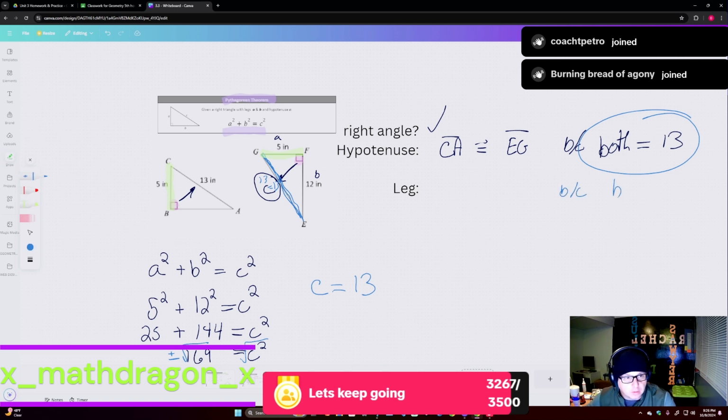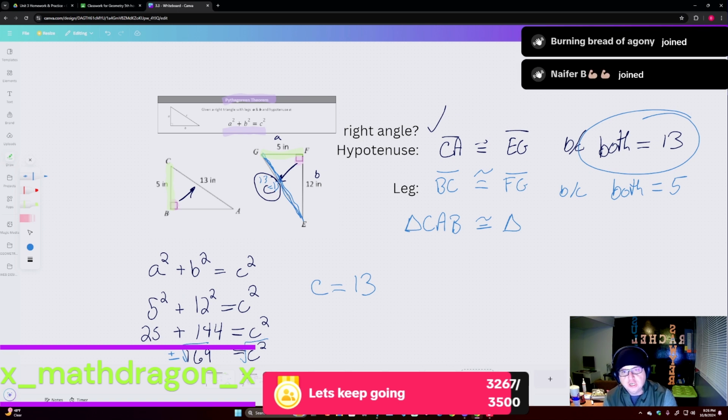So because they're both equal to 5, I can say B to C is congruent to F to G. And I'm just going from the 90 away, 90 away. So that's why I knew. So now I can say triangle CAB is congruent to triangle EGF by the hypotenuse leg theorem.